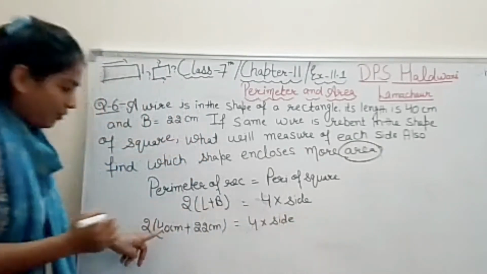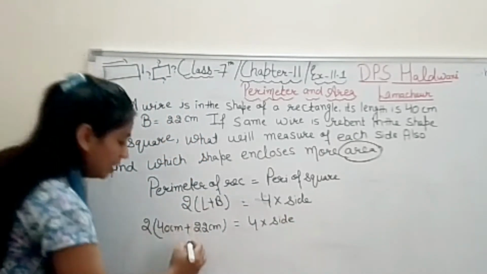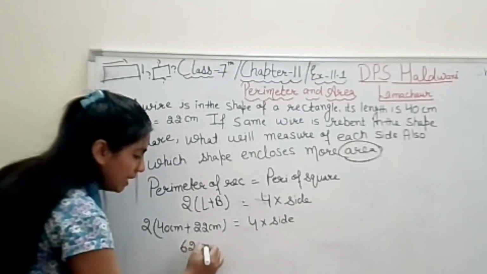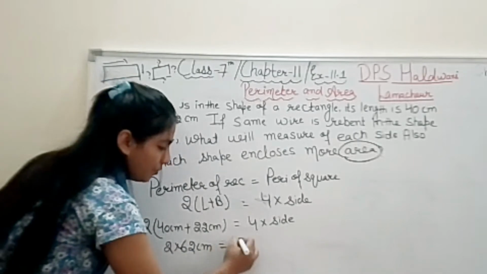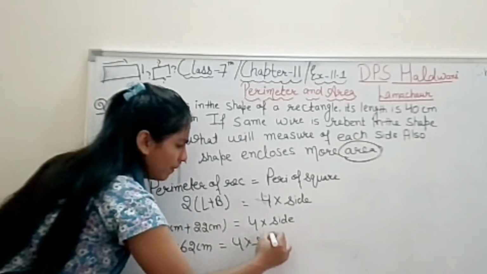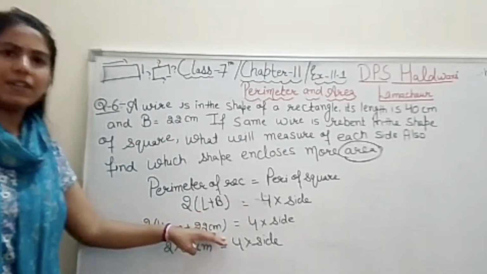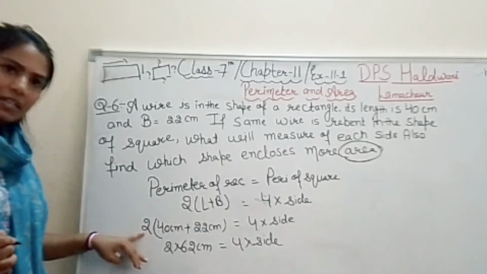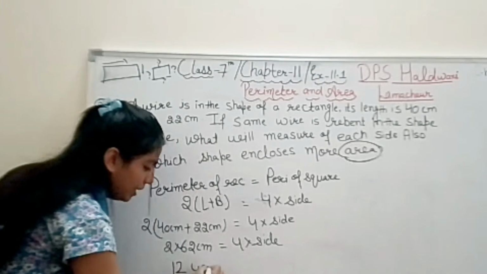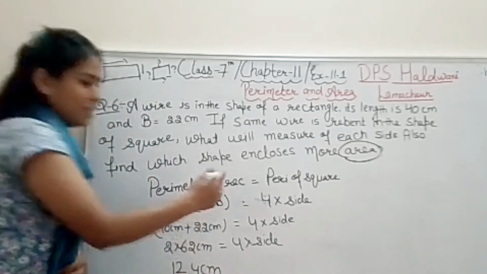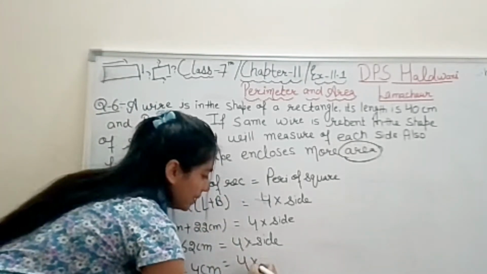Now we'll solve it. 40 plus 22, 62. 62 into 2 is equal to 4 into side. Stepwise you will solve every question, right? First we have plus, then you will multiply with 2. 2 2s are 4, 6 2s are 12. So it means 124 centimeter is equal to 4 into side.